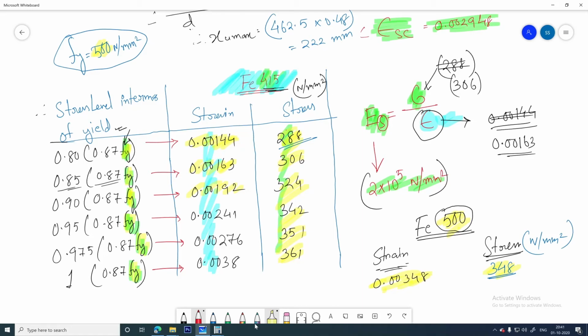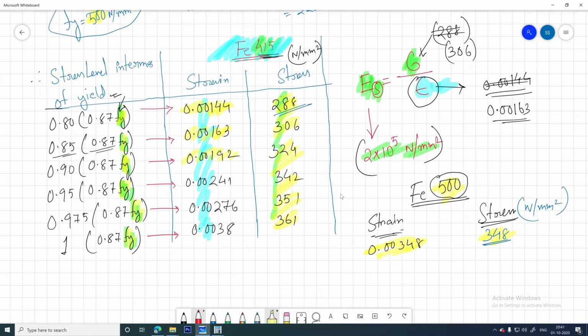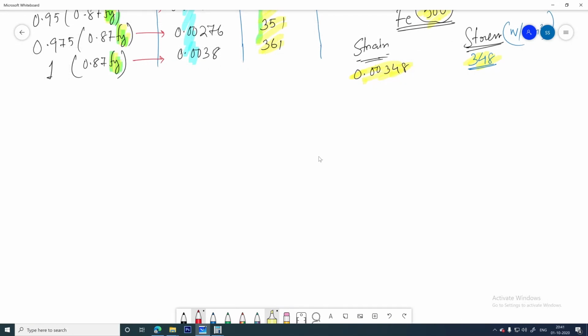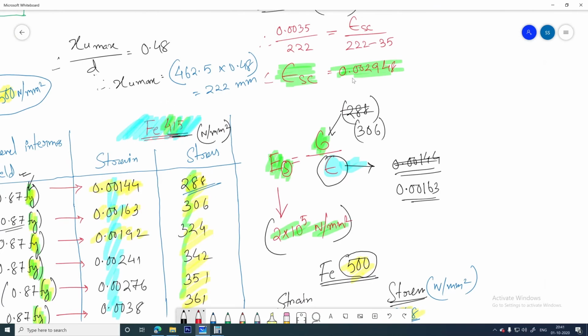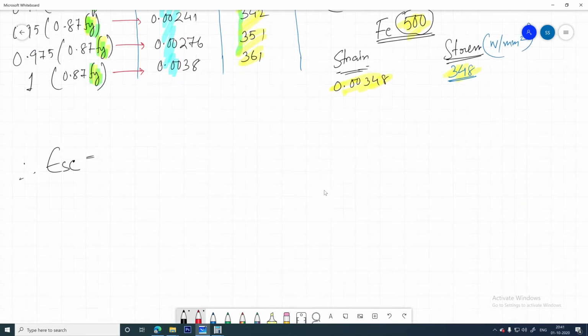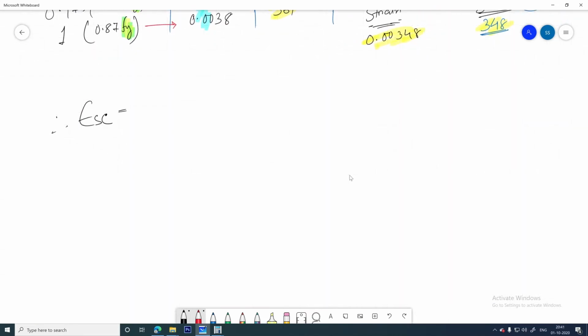Okay. Now what we need is, before preparing this table we got one value, I hope you remember, that is the epsilon SC. This is the strain value at that particular level where the area of steel under compression is present, and that value that we got is 0.002948.